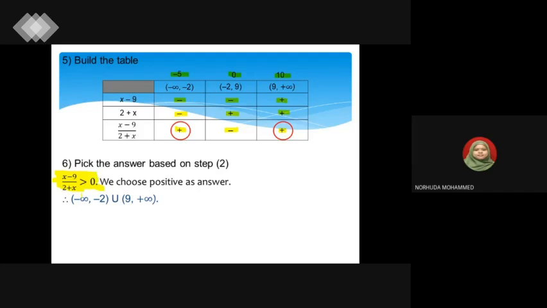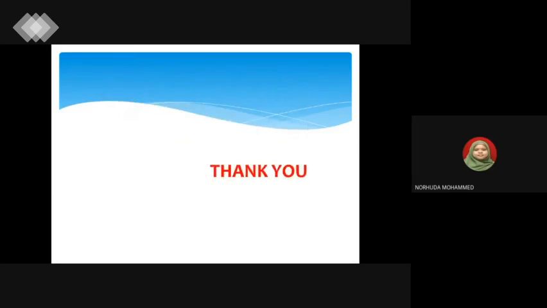So, we have to pick this one, bigger than 0. So, positive. Positive, we have 2 columns, so there is a union. Okay, thank you.